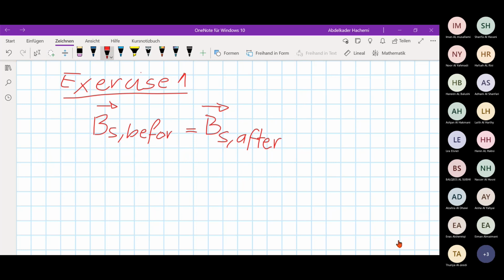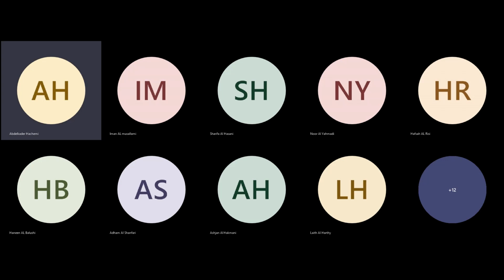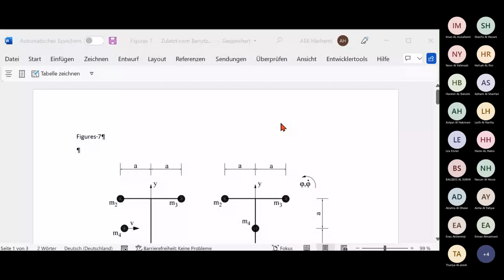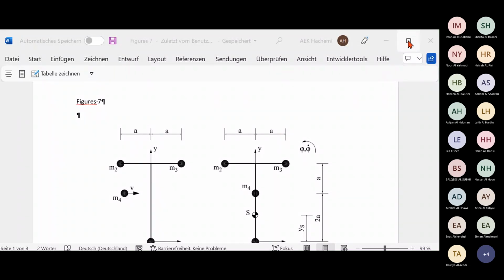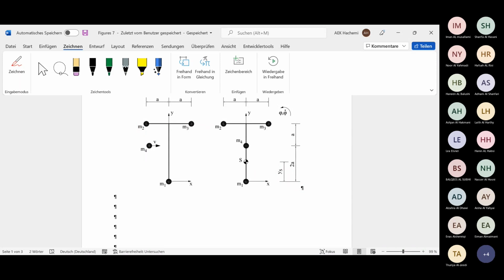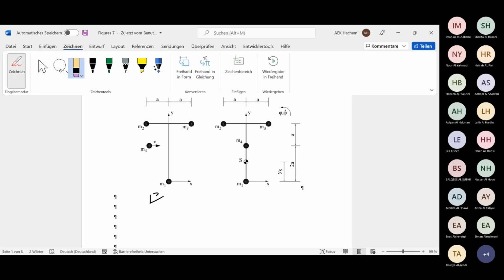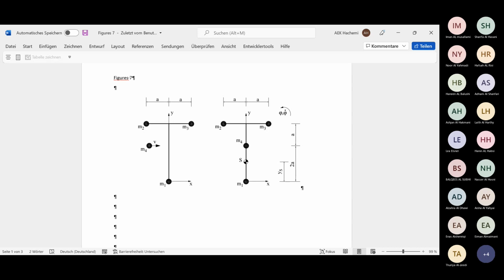If I return back now, here what we have before the impact, this is before, and here the representation after the impact.